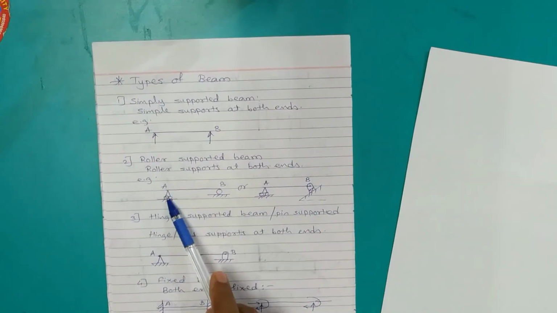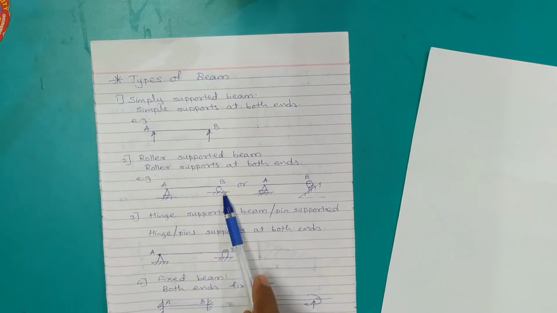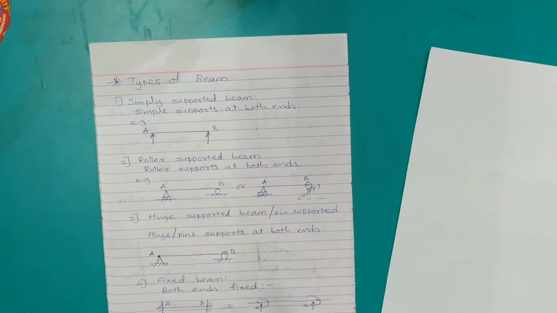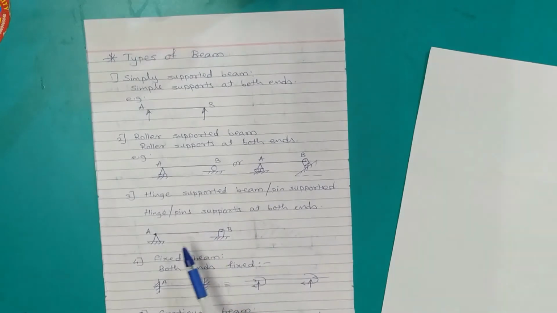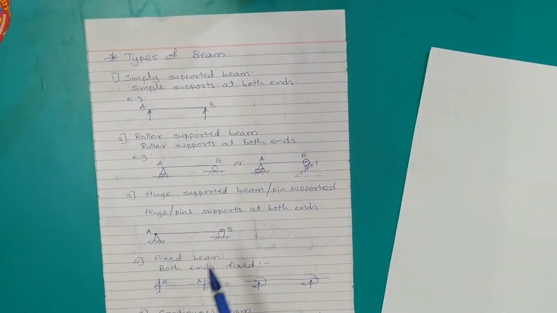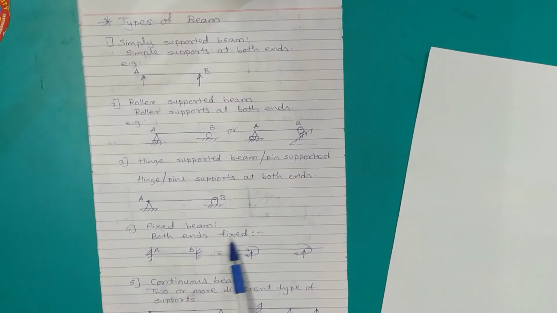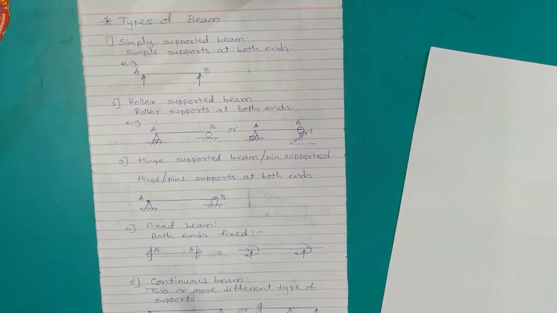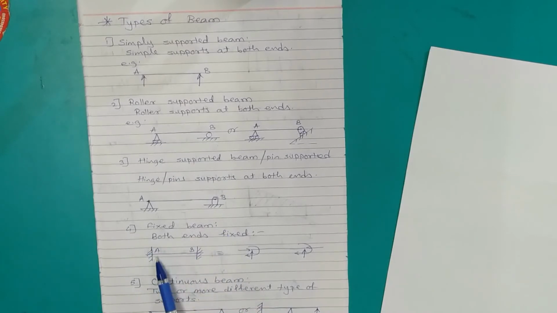If a beam has rollers at both the ends, it will be called a roller support. If a beam has hinges or pins at both the ends, it will be called a hinge supported or pin supported beam. If both ends of the beam are fixed, in that case such beam is called a fixed beam.